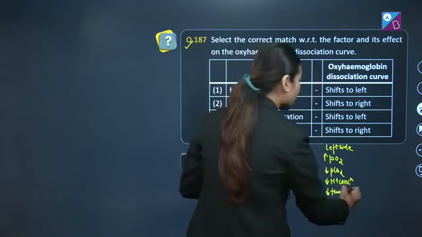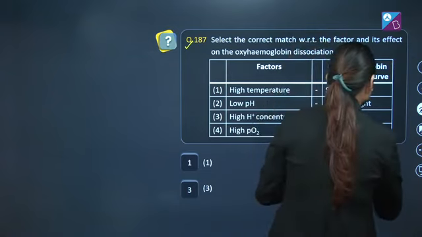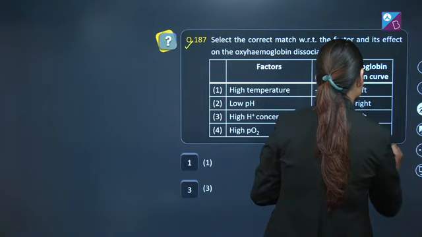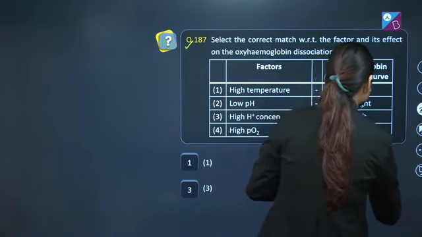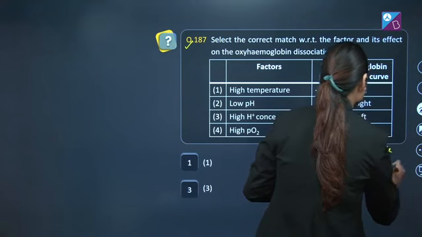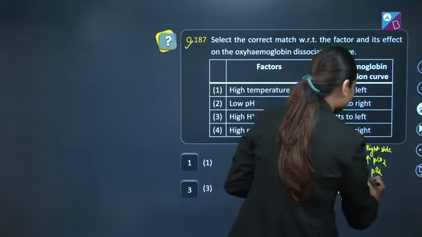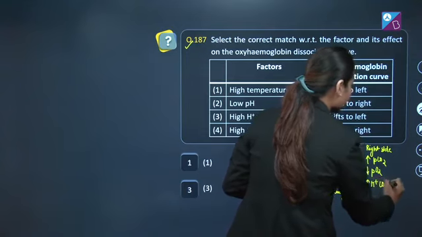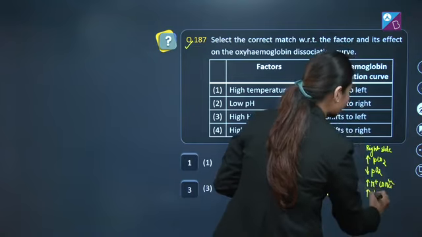While shifting to the right side of this curve is due to factors like increase in PCO2, decrease in PO2, increase in H plus concentration, and increase in temperature.